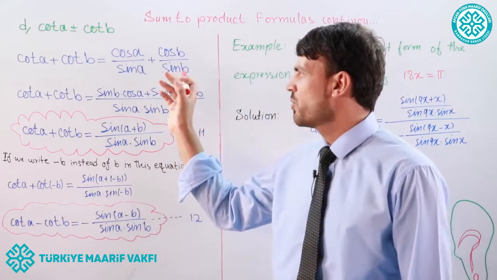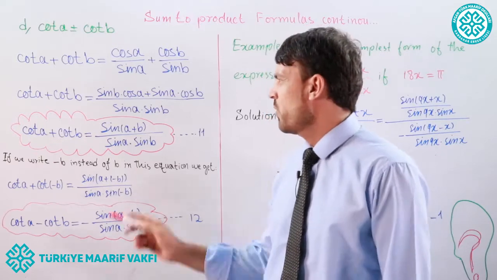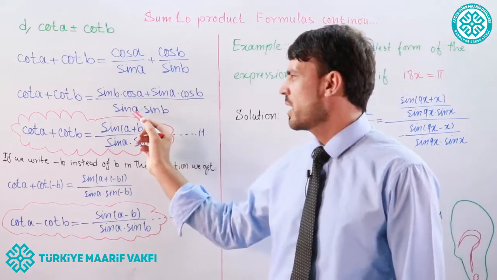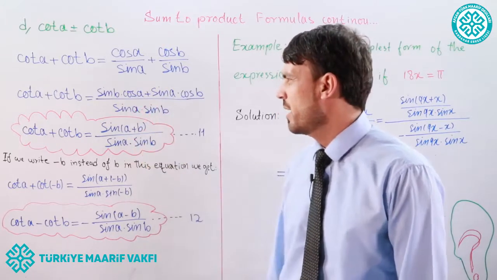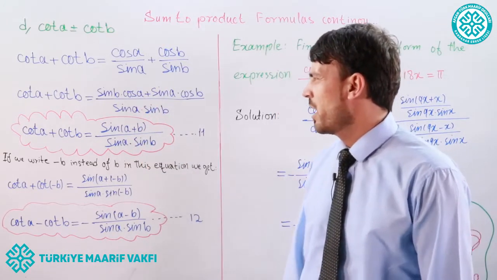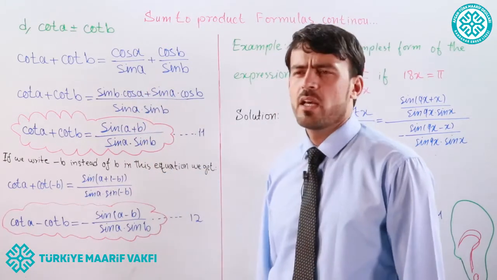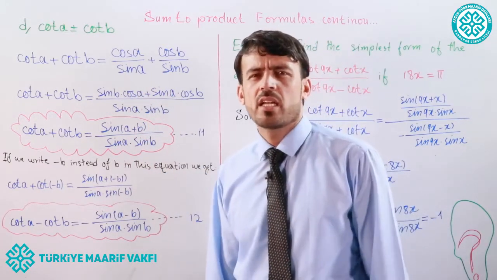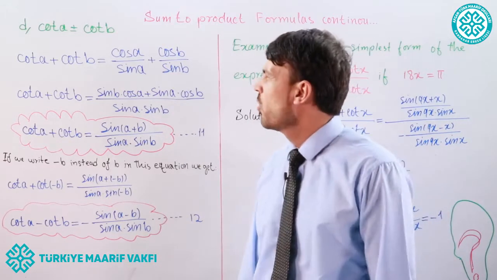We will add these two fractions because of the addition sign. If we add these two, we should take a common denominator, and the common denominator will be sine A sine B. So these two will be multiplied to each other and divided by each of the denominators, and after that multiplied to the numerator of each of the fractions.